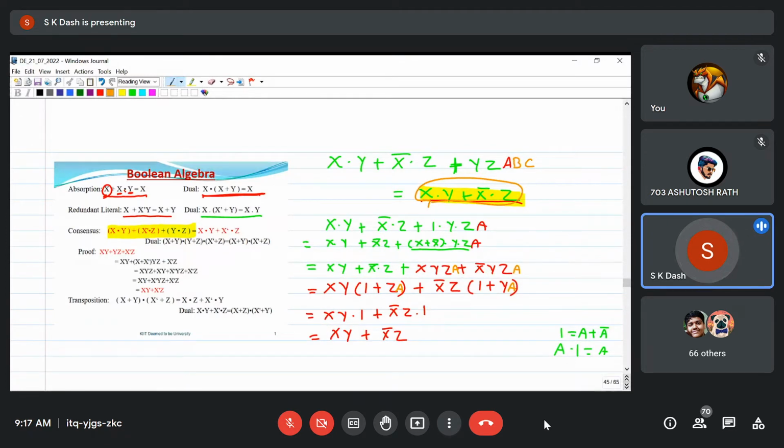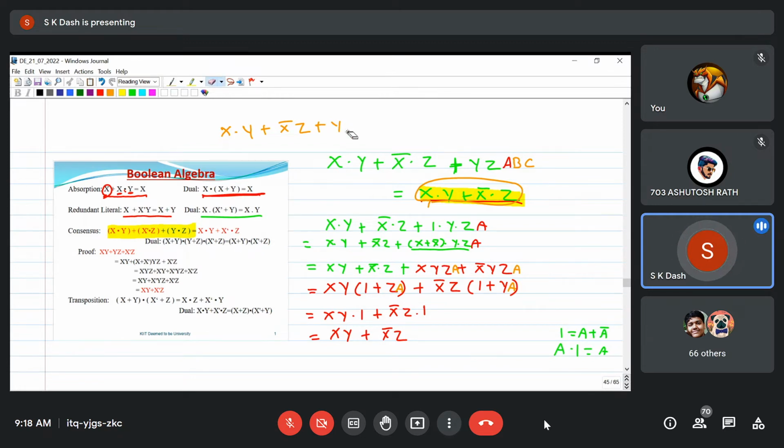So what is the requirement? The requirement is, how can you identify: any variable in the first term, in the second term its complement will be there. Apart from that, whatever else is here, y, z, in the third term its product has to be there. Apart from this, something else can be there.